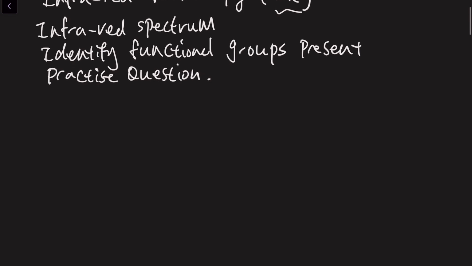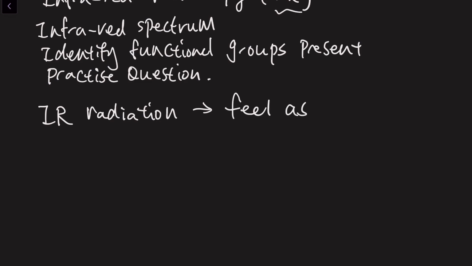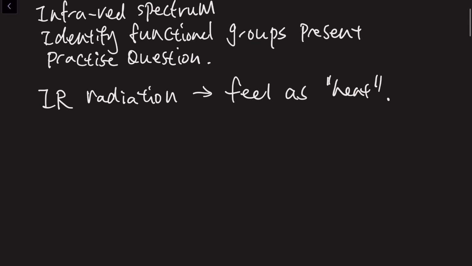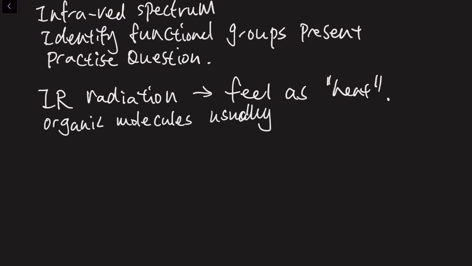So first, let's have a look at why this infrared spectrum works. The infrared radiation is something that we feel as heat. And one very important fact is that organic molecules are usually colorless.